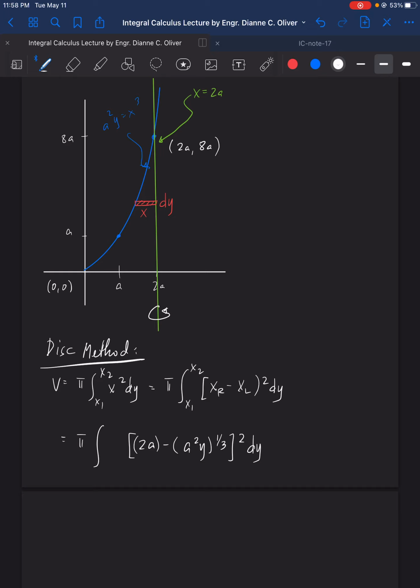Oh, it should be, the limits are wrong. It should be y. The reason is we are using dy. So it should be y1 to y2. Okay. So our y1 here is 0, our y2 is 8a.